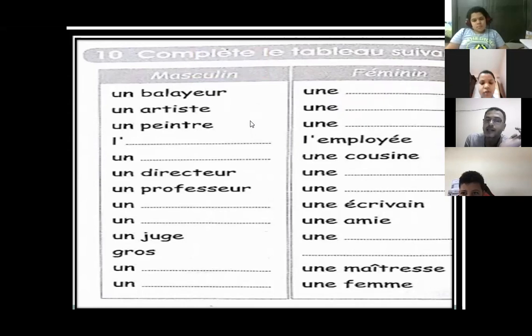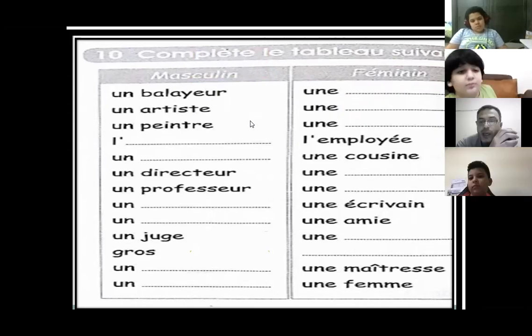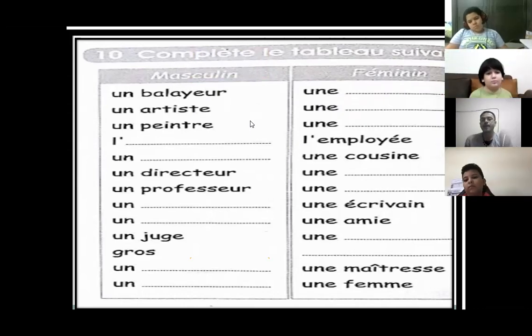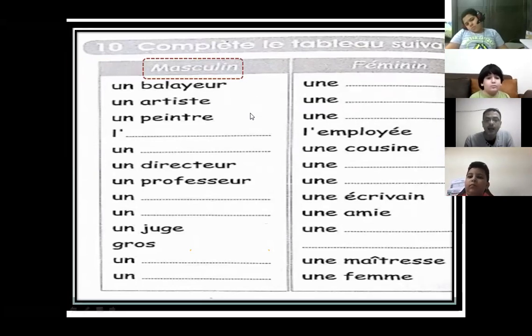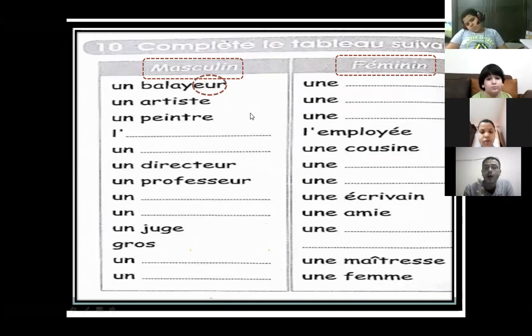So let's start. Un balayeur, it means sweeper, the one who sweeps. If you notice, this word ends with 3 letters, E, U, R. These 3 letters, I circled them.